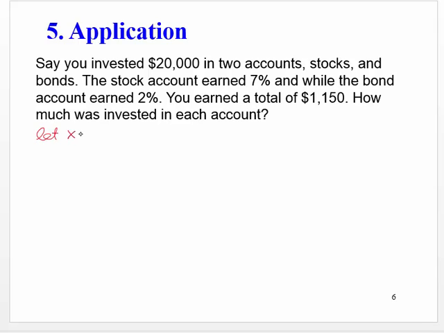Let x be equal to the amount in stocks, and y be equal to the amount in bonds. Okay.